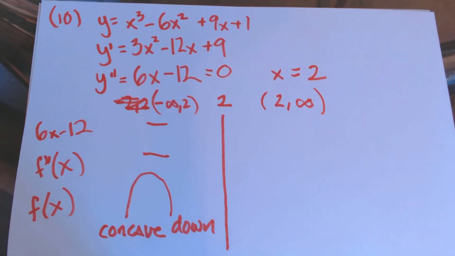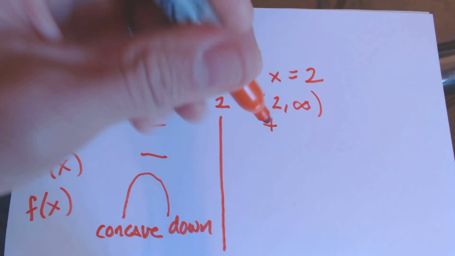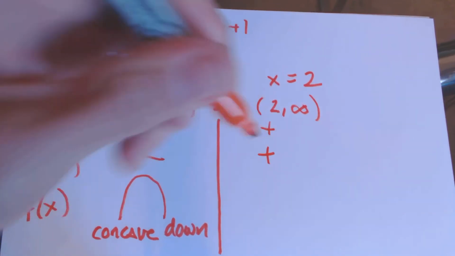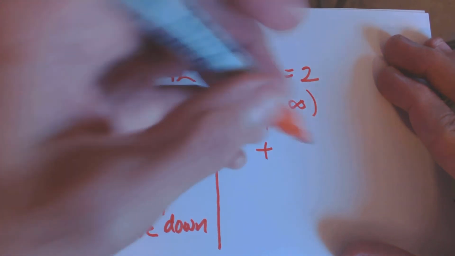All right, let's look at the last interval from 2 to infinity. Let's plug in 3. 3 times 6 is 18 minus 12. That's positive. So f double prime of x will be positive from 2 to infinity, and so the function will be concave up.